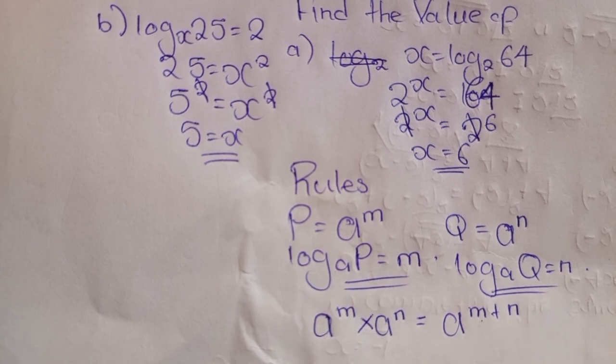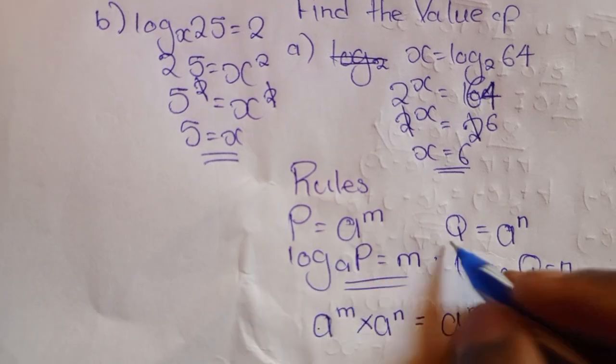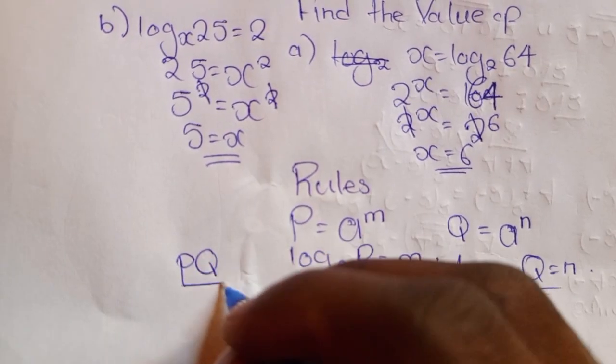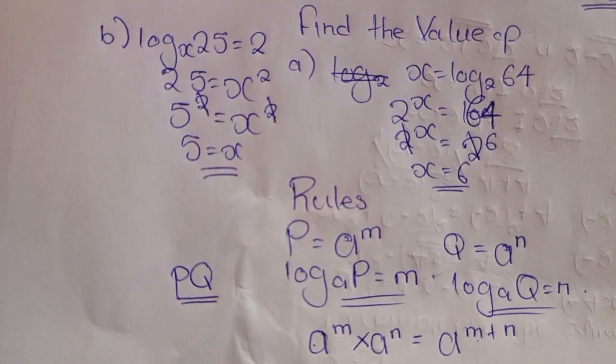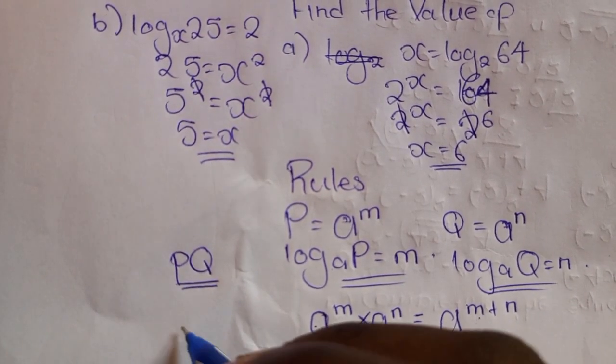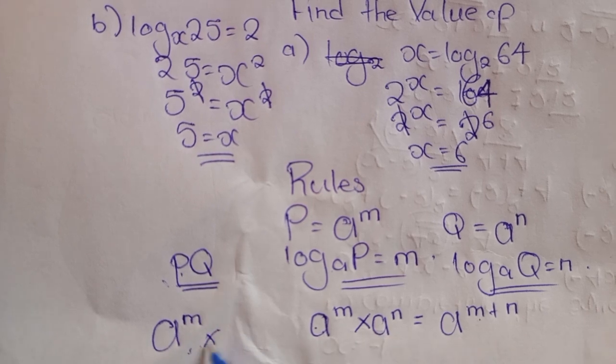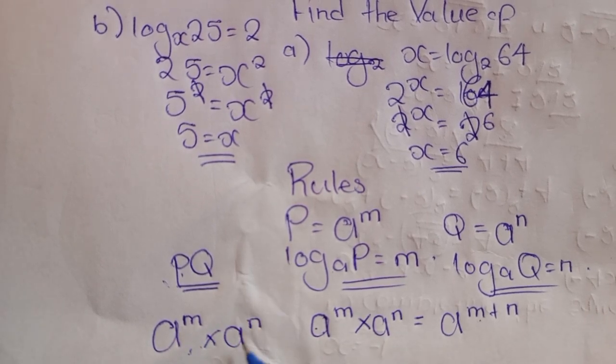So in short, let's assume that we have p and q here. Remember, p and q means we are dealing with them under multiplication. We are just replacing p, where we have a to the m multiplied by a to the n. So these two are the same.